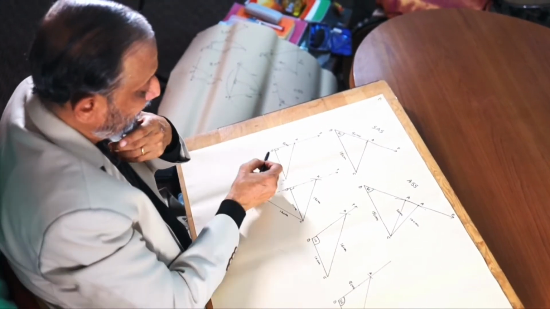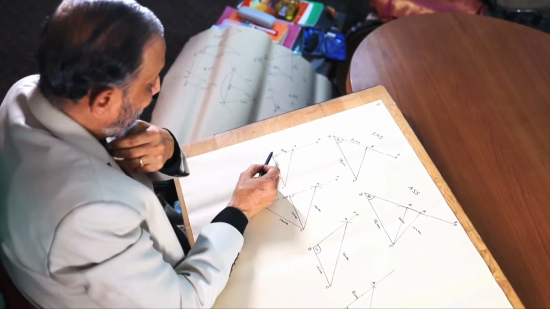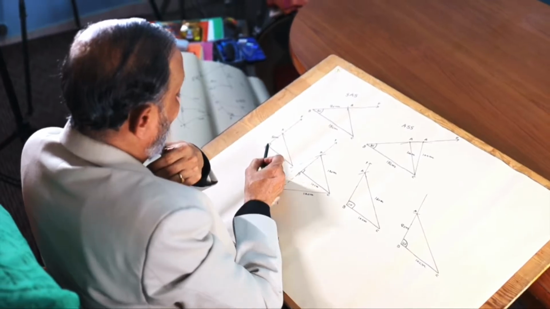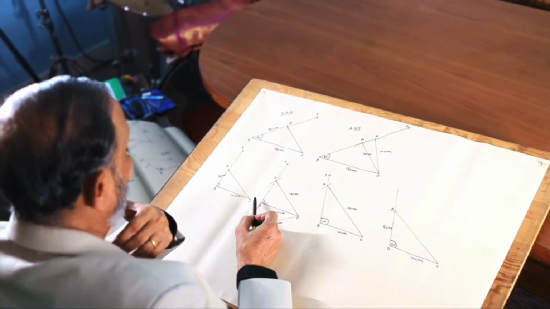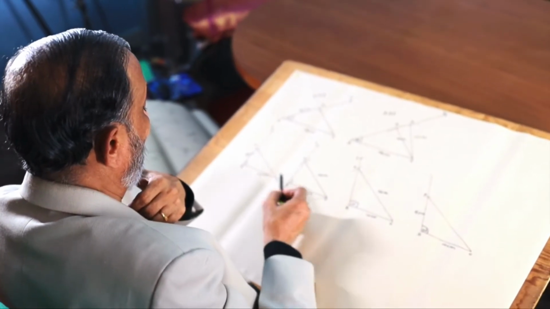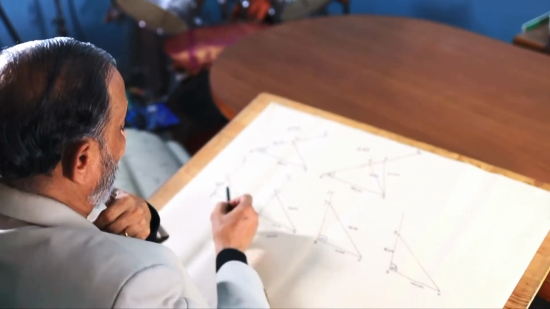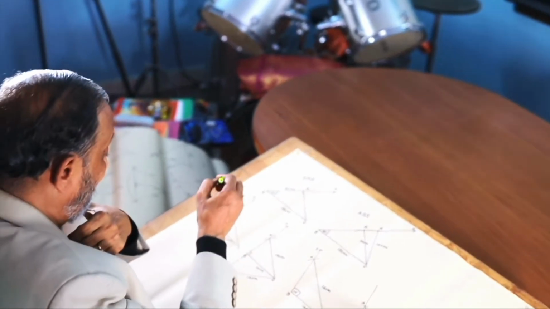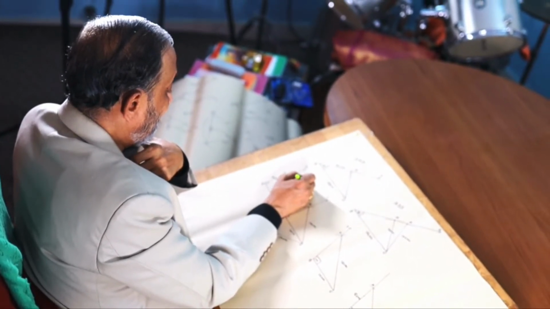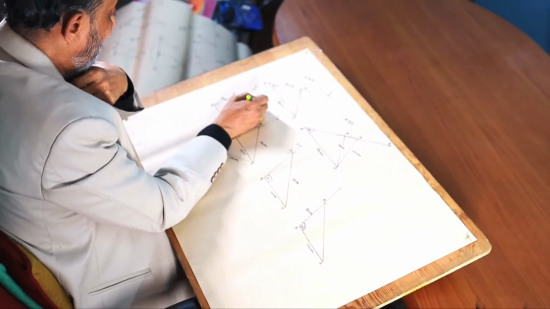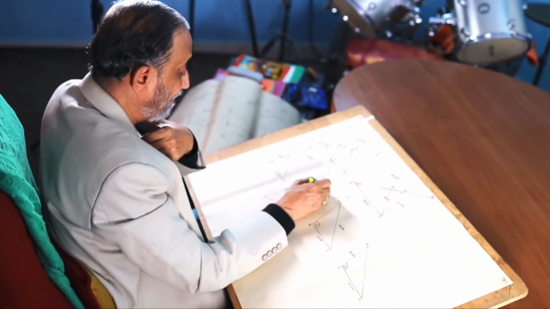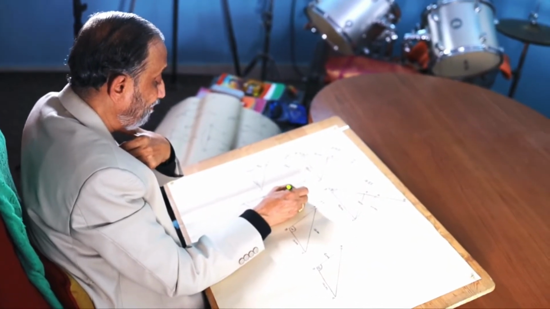Let us come to these 2 cases. Here the angles are acute angles. If the angle is a right angle, if it is included, or if it is not included also, then we are going to get a unique triangle only. So let us call this case the SAS criterion and this case the RHS criterion.